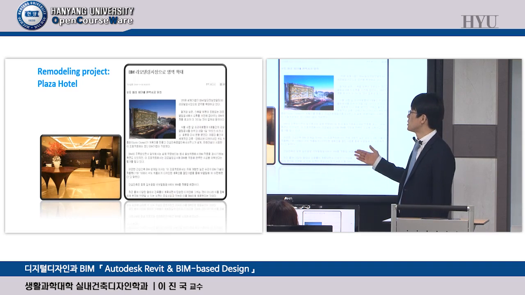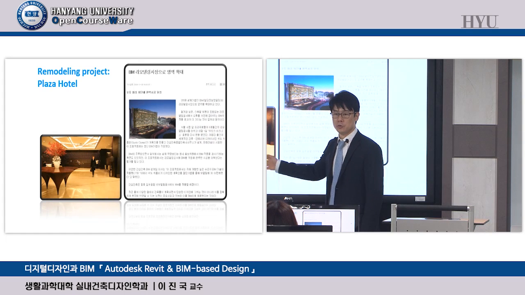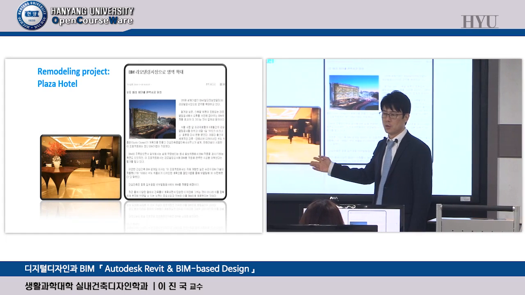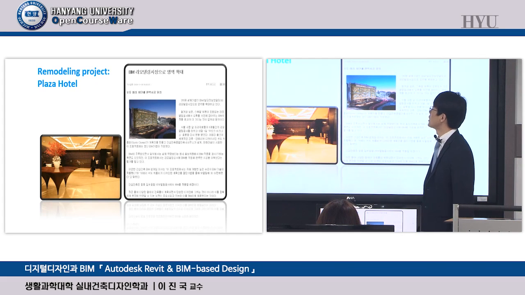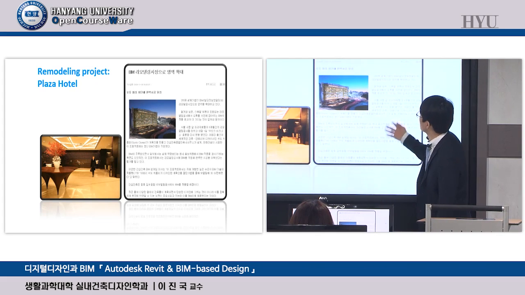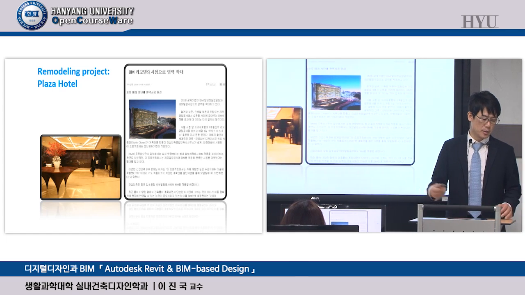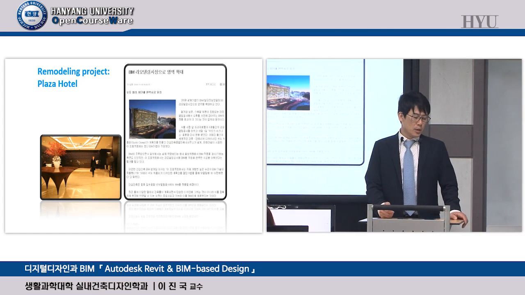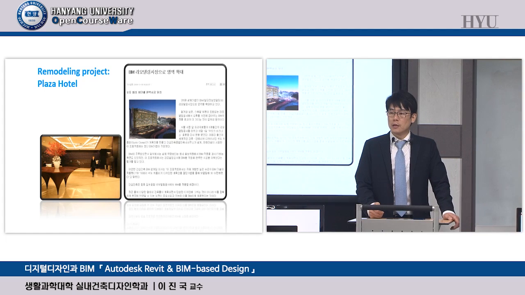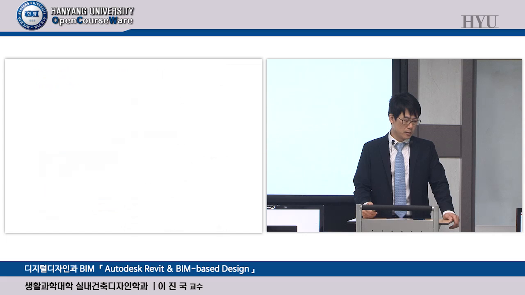Also, the interior of this hotel was totally renewed, remodeled, also using BIM technology, even 5 years ago, done by Gansam Architects and some other companies. Okay, that's what happened. Just tiny cases we can take a look at.